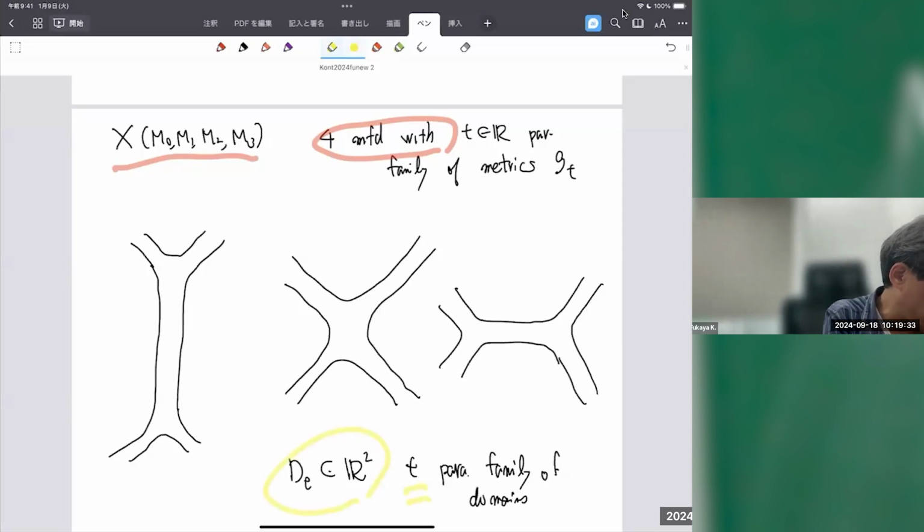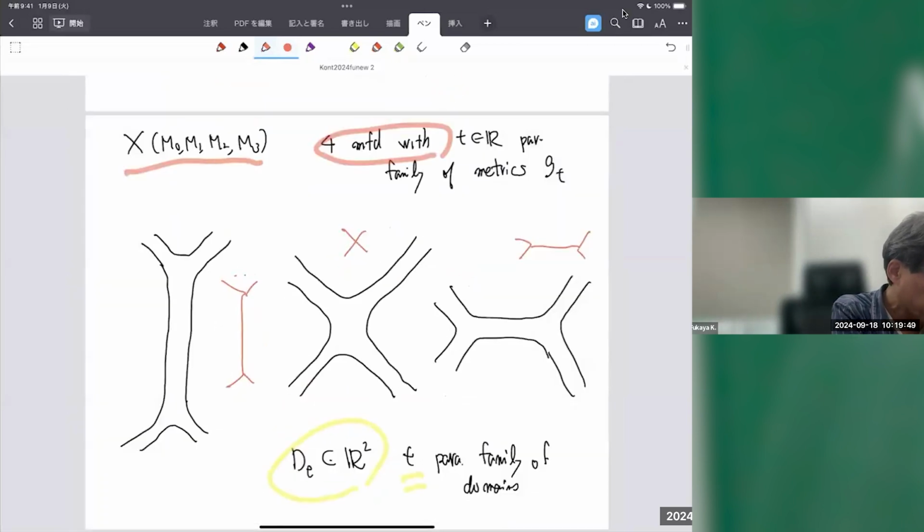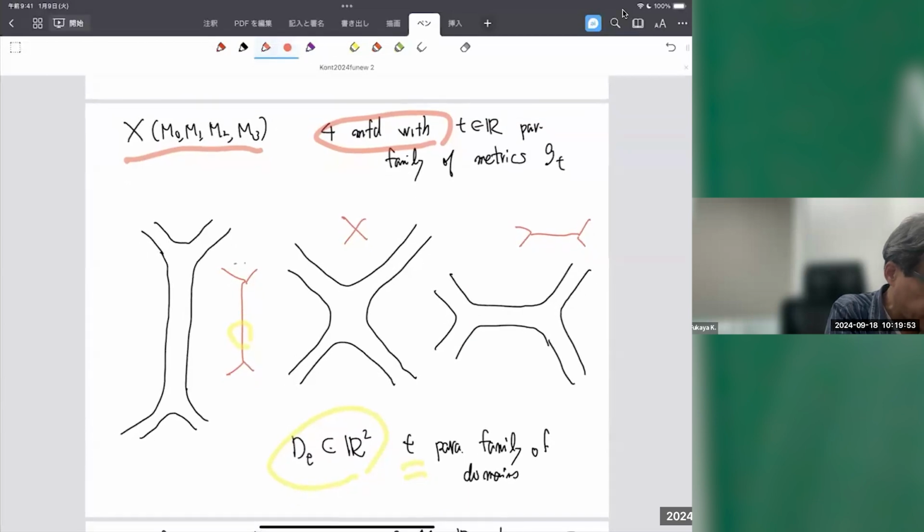Maybe this picture is something like a flattening of this graph, right? You start from this very long edge, then this part shrinks, and then you have one edge, and then it goes the other way. So this is an R-parameterized family of domains in R2, in other words an R-parameterized family of two-dimensional Riemannian manifolds.